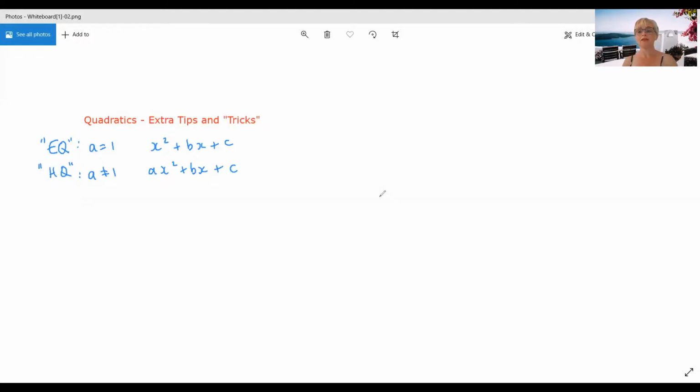So we have these made up terms that I've come up with for different types of quadratics. EQ are your monic quadratic expressions, or an equation if you have that equal to 0, where a is 1. Your x squared term has a unitary coefficient, all right? Or a non-monic quadratic expression like that, or equation if that equals 0, where a is not 1.